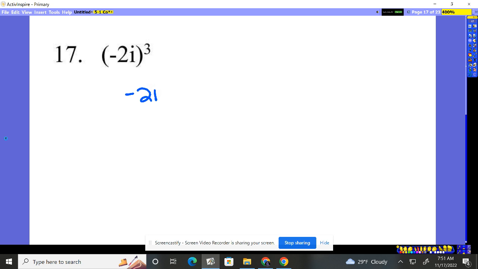Number 17, it's raising it to the third power. So it wants to do -2i times a -2i times a -2i. Well, -2 times -2 times -2. -2 times -2, 4. 4 times -2, -8. But we have this I to the third, don't we? Well, if we think about it, and again, we should know what that is, but if not, here's what we think of.